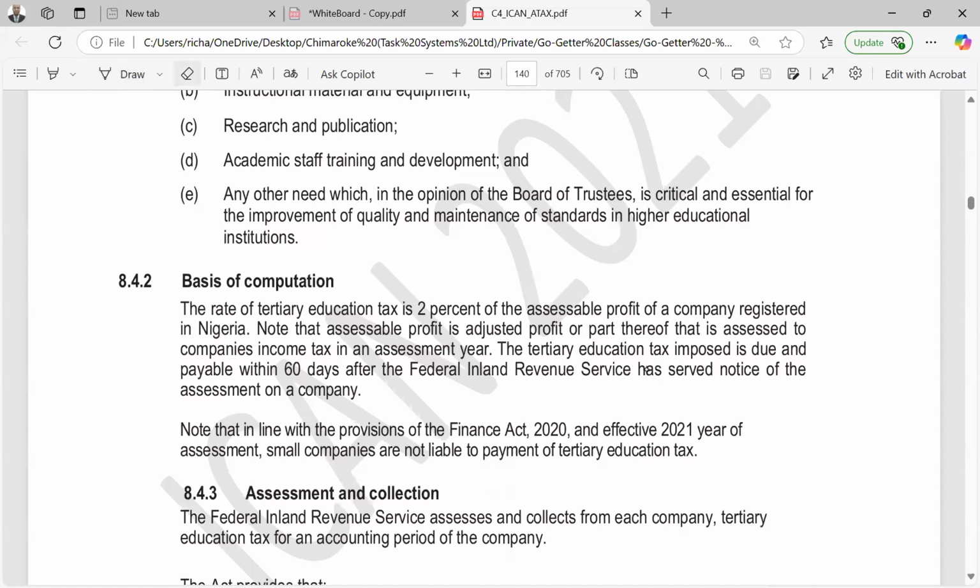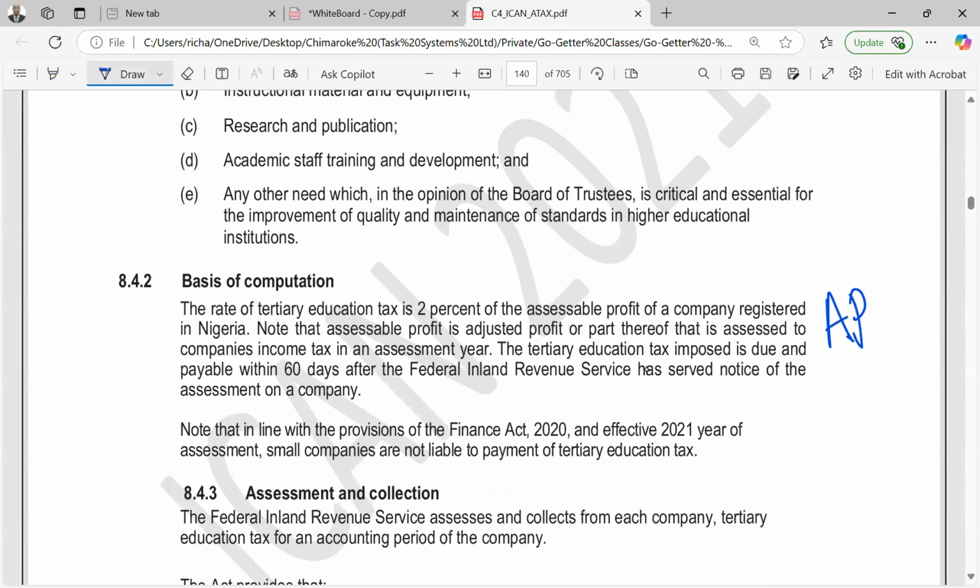Now, when we say 2% of accessible profits, we are looking at what we call adjusted profits. We calculate 2% of it.